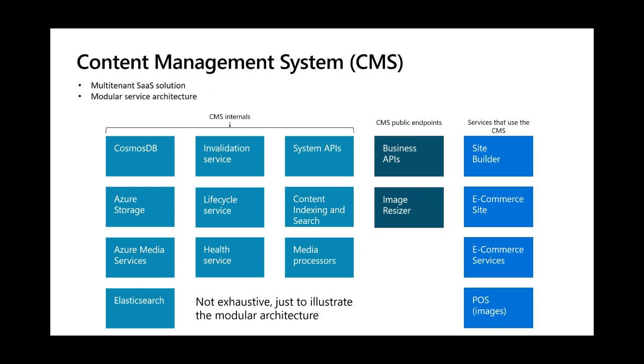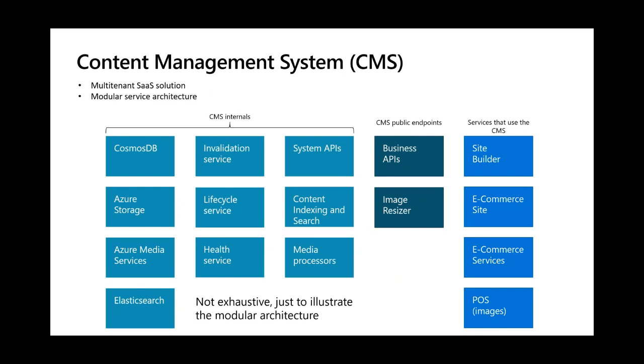It has a modular service architecture, similar to microservices. Services can be modified and deployed individually without the public endpoint changing, and in most cases without any disruption to the service. In the block diagram on the right side, you can see examples of services leveraging the CMS.